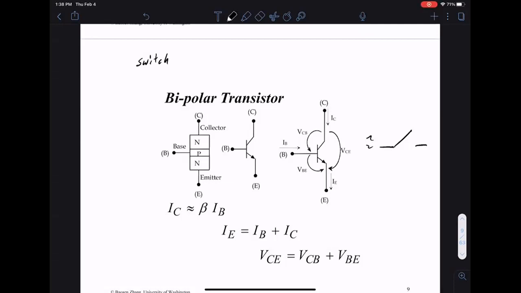Here I said the switch is a bipolar transistor. Why not a MOSFET? For every other application, you use MOSFET. If you look at your computer, everything on your chip is MOSFET, not bipolar. But why for power electronics do we use bipolar instead of MOSFET?